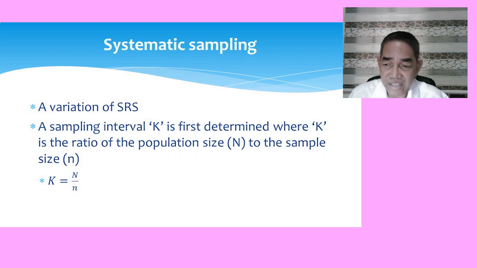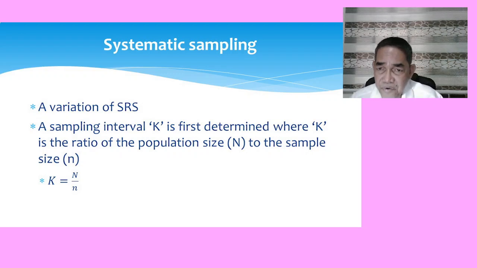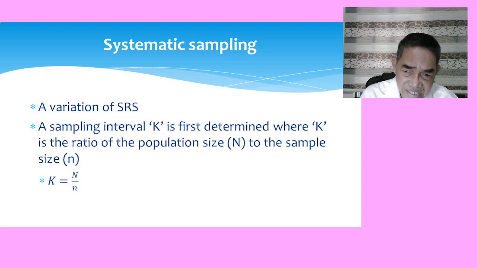Tama ba? Yes, 30. Okay, K is equal to 30. Now, from 1 to K, from 1 to 30, I will select who will be the first participant using simple random sampling. So actually, the systematic sampling can be a combination of simple random sampling and then, of course, the systematic sampling. So I will first have to determine who will be the first participant from 1 to K, or from 1 to 30.